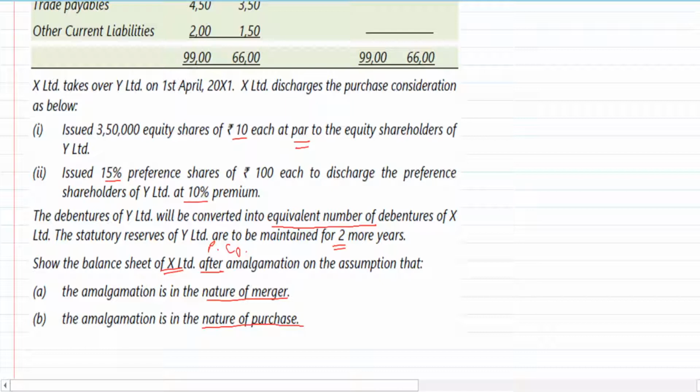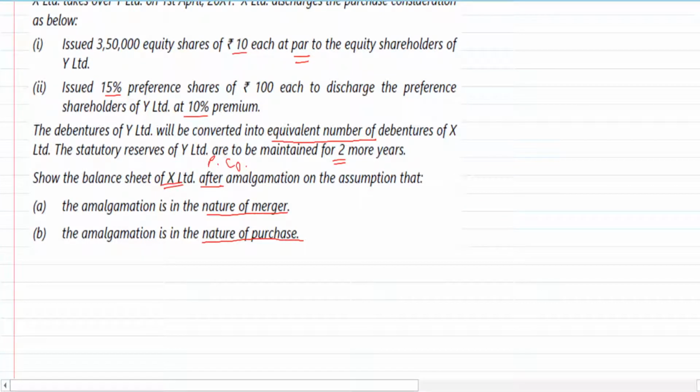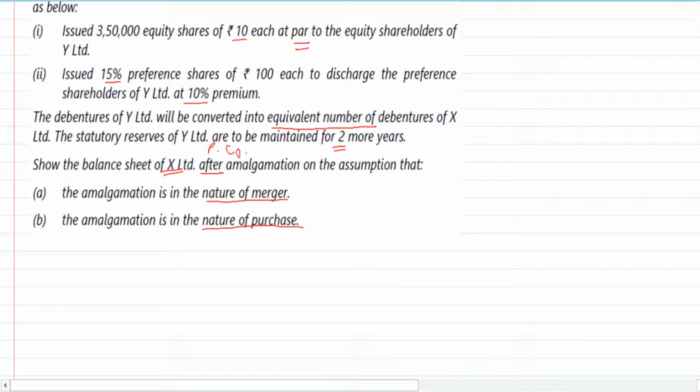Of course, certain things will remain common, and one of the workings that will remain common is purchase consideration. Whether the amalgamation is the nature of merger or it is in the nature of purchase doesn't matter. The purchase consideration is going to remain the same. So let's start with that.